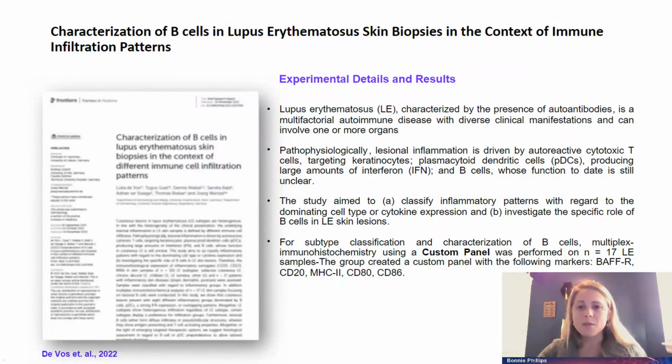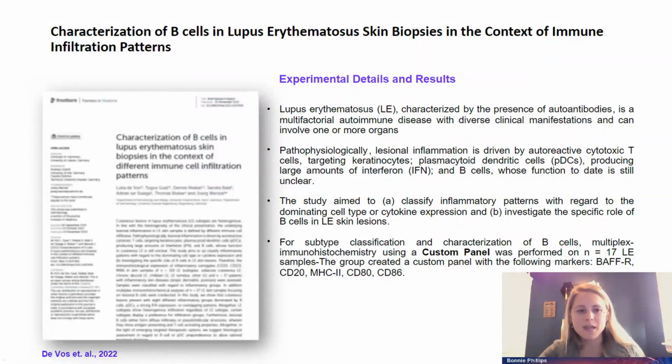B cell populations had also been involved, but up to this point, their exact function was unclear. But in this paper, the authors wanted to gain a greater understanding of the roles that B cells played, and to classify inflammatory patterns of this disease through the utilization of a custom multiplex immunofluorescence panel.